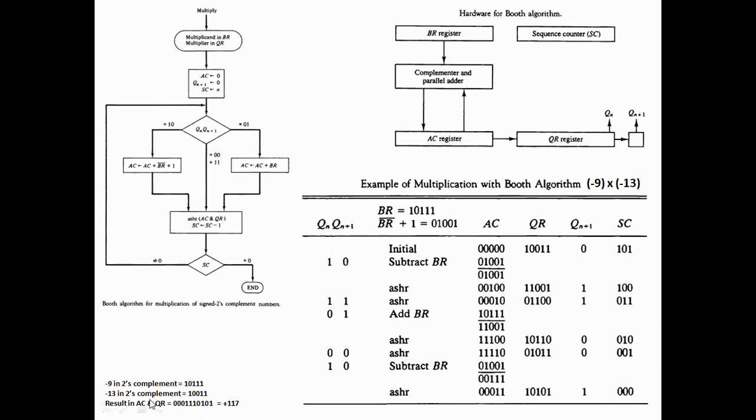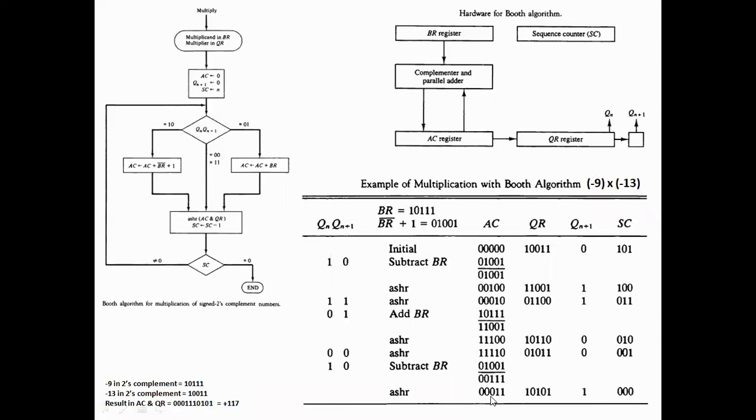You have to join AC and QR, then only you will get the result. So the result will be from here to here. Let me see what it is. From here until here, total 10 bits result. Since it starts with 0, that means it is a positive number, and the remaining will be its magnitude.